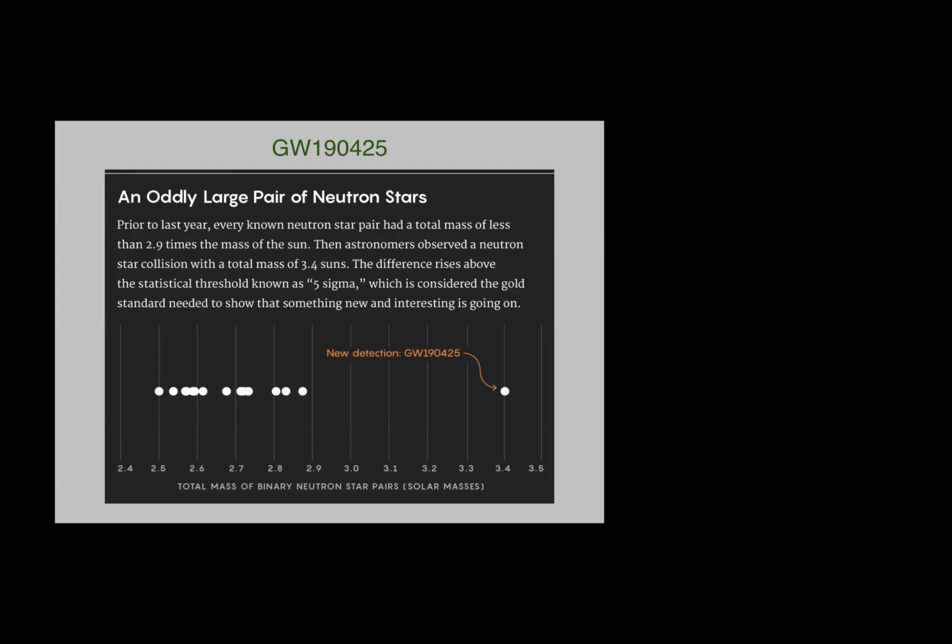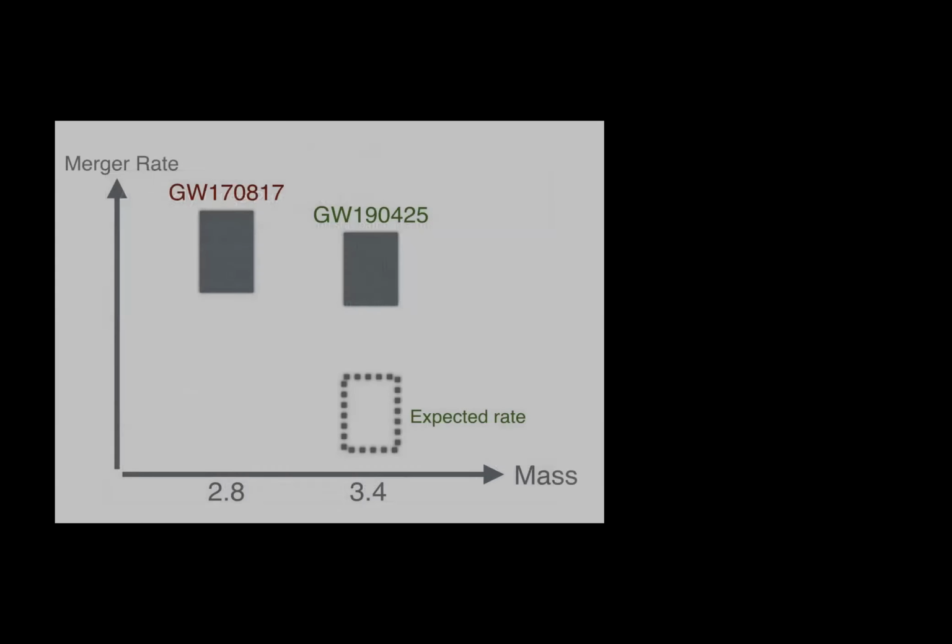Another weird thing about this system is it has a high rate. If you plot the merger rate as a function of mass, I'm showing you the rate for GW170817, which is the first binary neutron star that was observed, and GW190425. They are comparable, though the latter is a little bit less. But the expected rate is actually like 10 times lower.